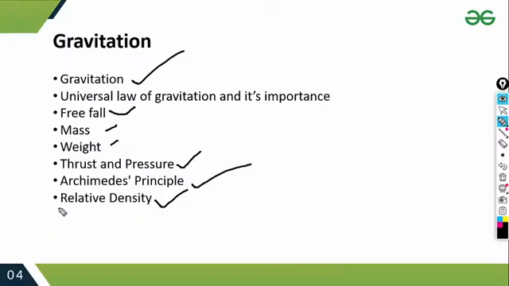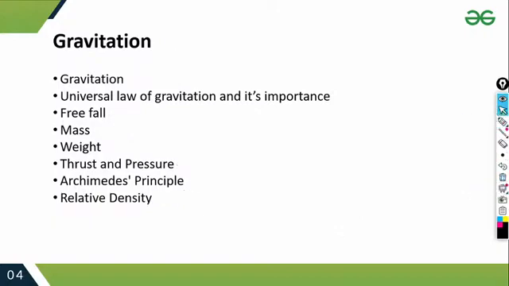We'll have some numerical problems in the relative density section, and if we have any activity we'll see that. All the activities in our NCERT, I'll cover most of them because that will help you get a better understanding.